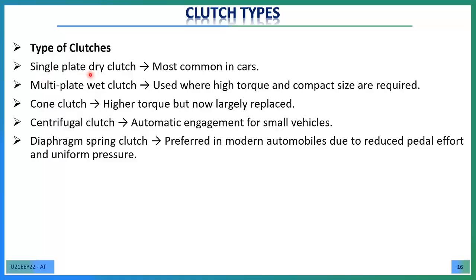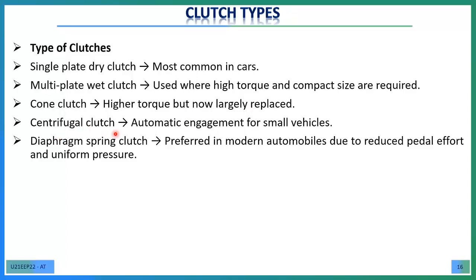The single plate dry clutch is mostly used in cars. The multi-plate wet clutch is used where high torque and compact size are required. The cone clutch is suitable for higher torque but is now largely replaced.